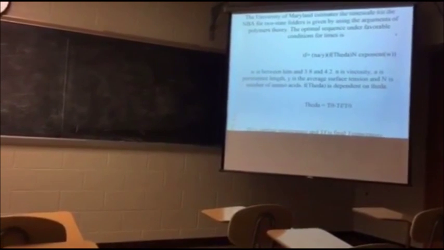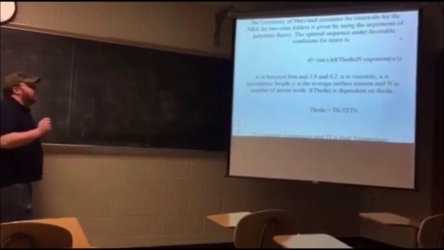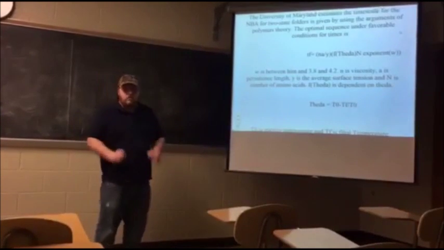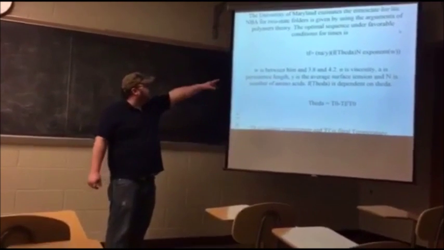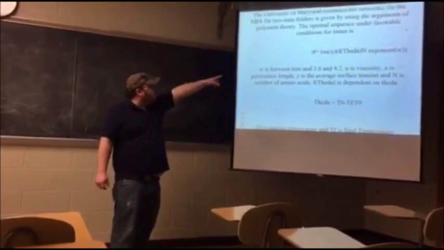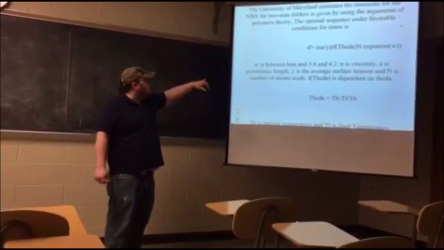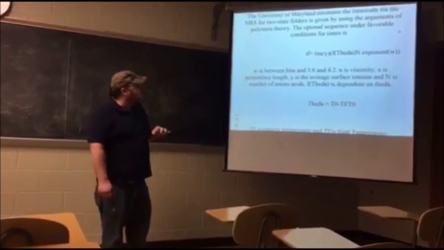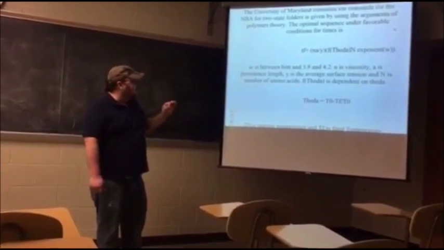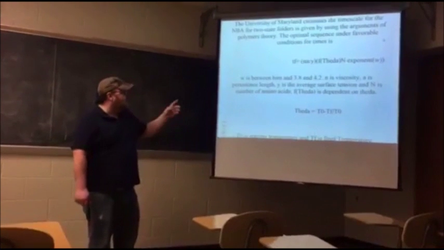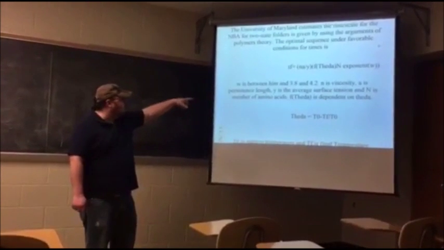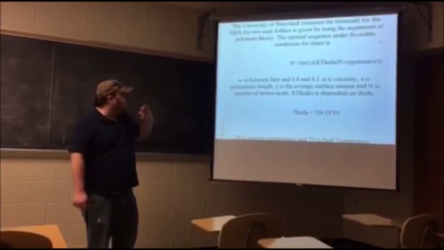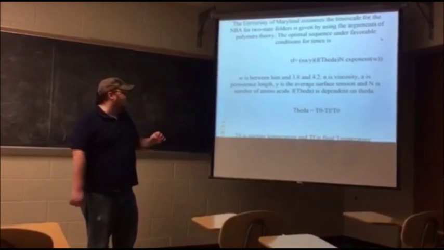Now we are focusing in on the University of Maryland's mathematics for two-state folds in time. In our two-state fold equation, W is between 3.8 and 4.2, lowercase n is viscosity, a is the length, γ is an average surface tension, and capital N is the number of amino acids.